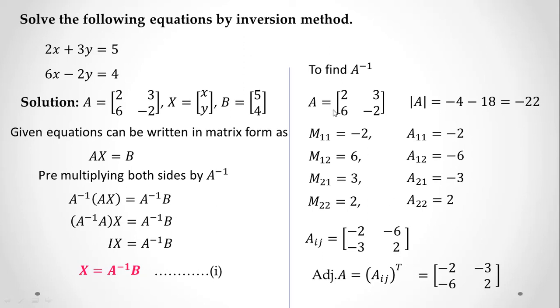So this is the given matrix A. Then we find the determinant, that is minus 22, and then finding the minors and cofactors, we get the cofactors matrix, and by taking the transpose of that cofactors matrix we get the adjoint.